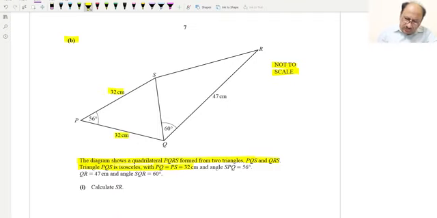This side is 32, this side is 32. And angle SPQ is 56. This angle is 56. So QR is equal to 47, and angle SQR is 60. Calculate SR. Now the thing is, to calculate SR, which is this one, always start from the triangle.